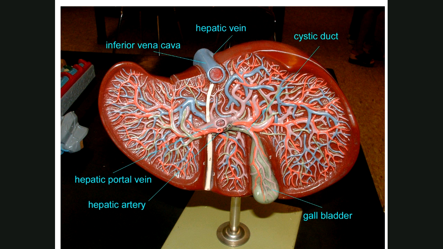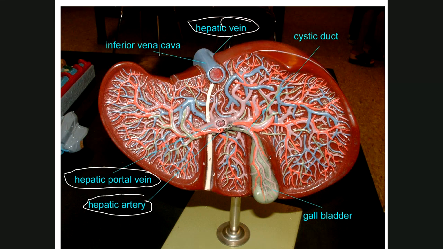Again, if we look under here, we can see arteries. So there's the hepatic artery right there, the large artery going to the liver. And then it divides and divides and divides. We have veins, and so we have these hepatic veins. Those are the blue ones. But we also have these that are colored purple, and those are called hepatic portal veins.